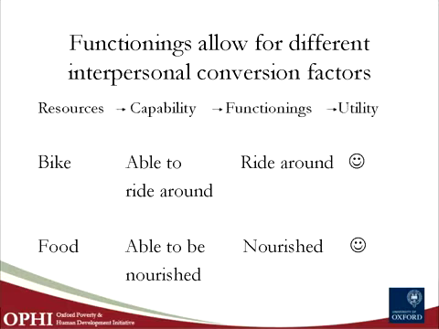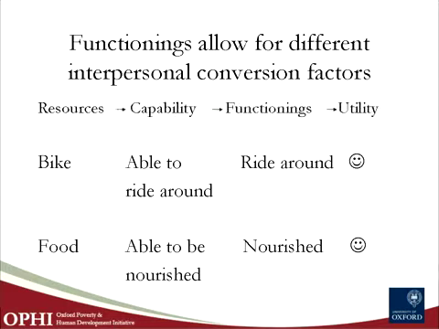So let's take the example of a bicycle. We have a big red bicycle. And a bicycle is a resource. Okay? It could be any resource that we have, but it's a resource, and we could each have a bicycle. It's something you can measure. We know most of our indicators reflect resources rather than functionings.